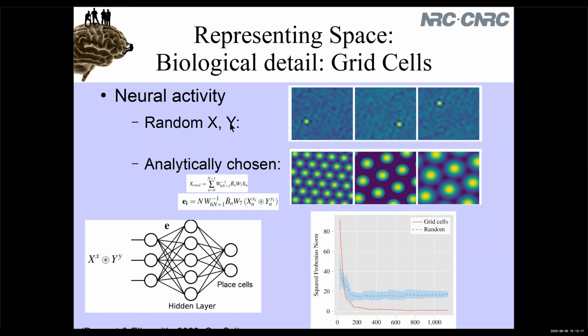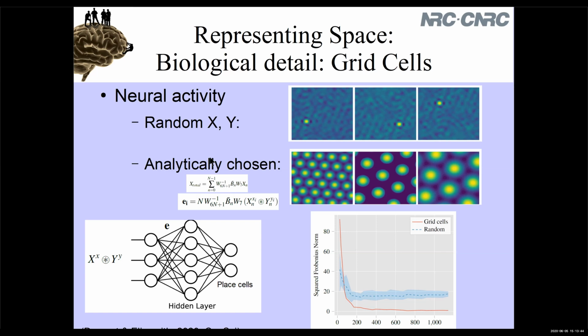And if you carefully choose the connection weights between the input and that hidden layer of neurons, those neurons that are supposed to be your grid cells, and it turns out you can analytically choose them with some ugly math, then you get beautiful looking grid cells, exactly the sorts of things that are observed in the brain.